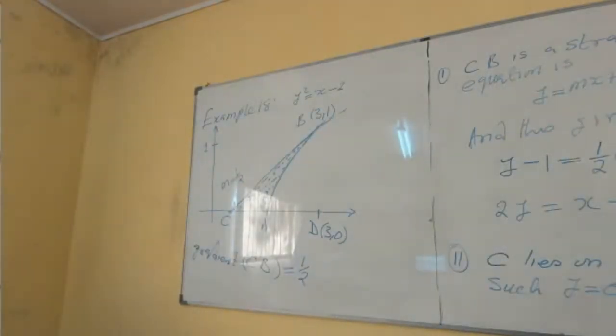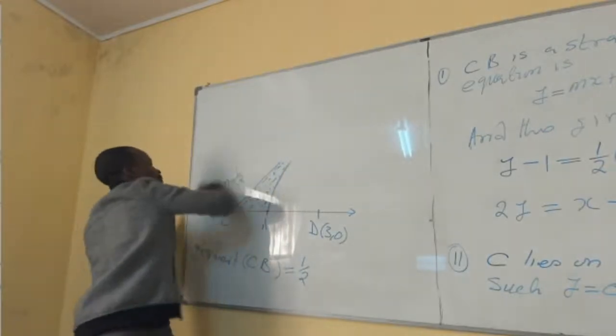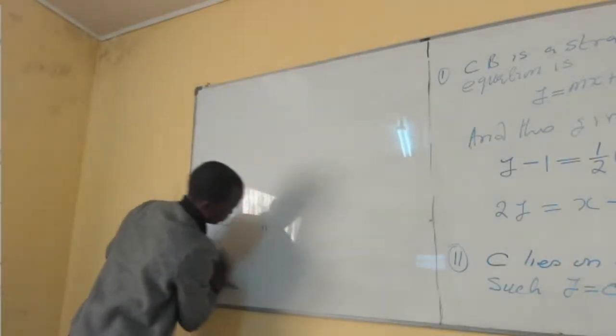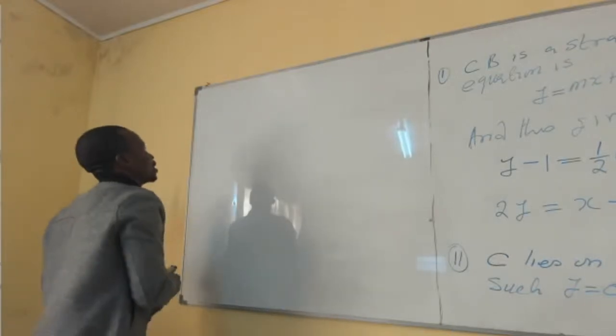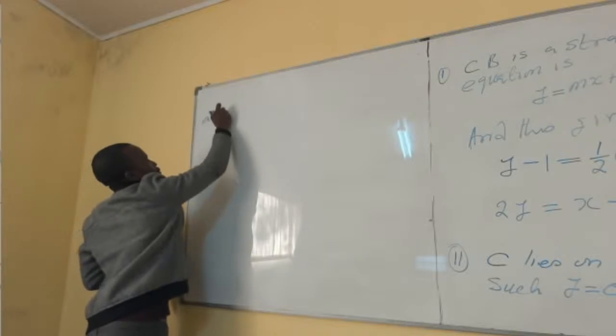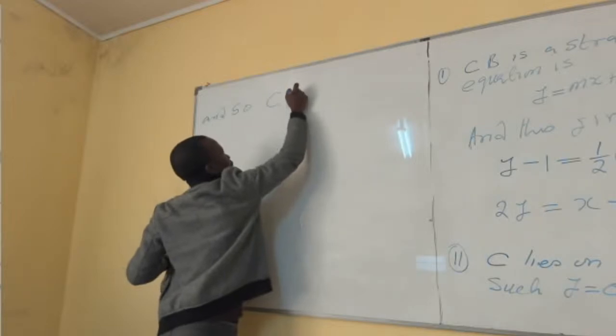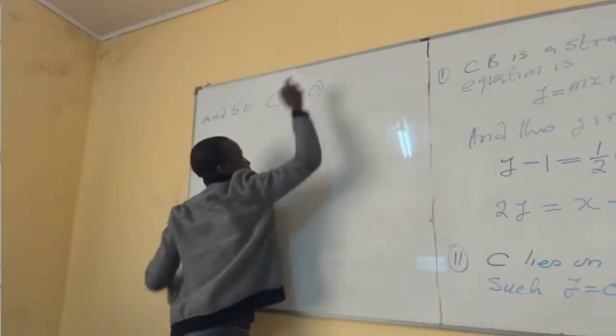So when the y-ordinate is equal to 0, you substitute it into this equation of the straight line. Hence your x will be equal to 1. And so our point C will be 1, 0.